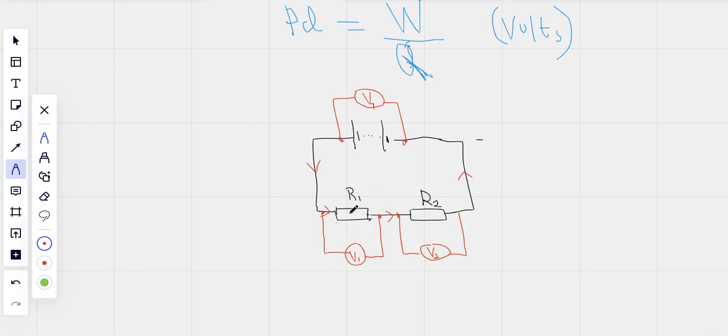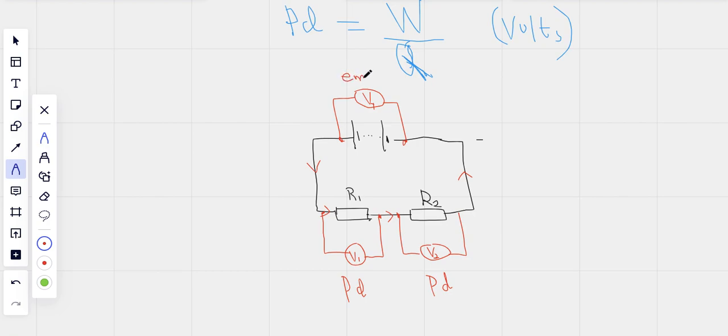But the voltage across each of these circuit components, R1 and R2, is what we call the PD. The voltage across the battery or the power source is what we call the EMF.